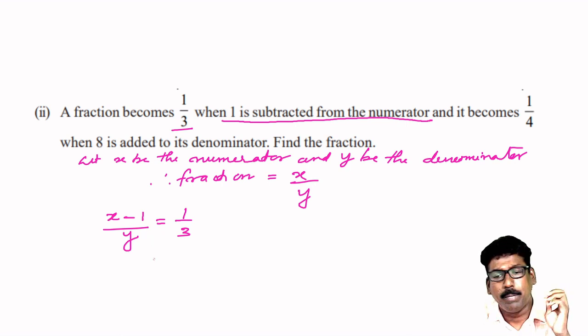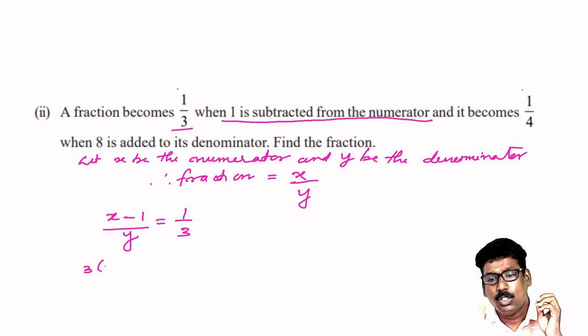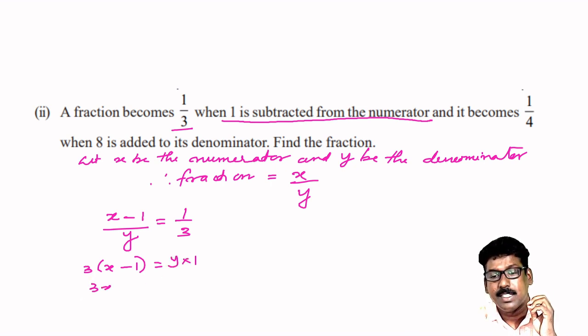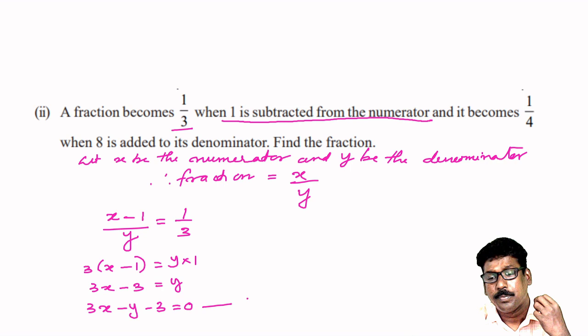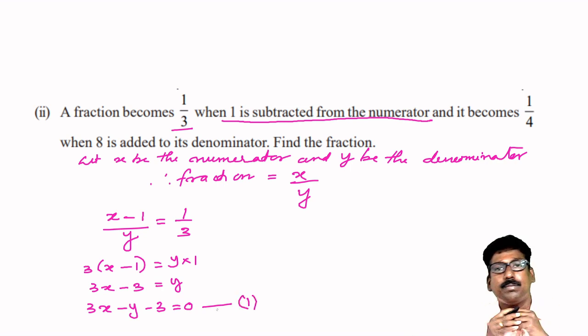Now cross multiply, what will you get? 3 into x minus 1 is equal to y into 1. That is 3x minus 3 is equal to y. Y you transpose to the other side. So 3x minus y minus 3 is equal to 0 is the first equation.